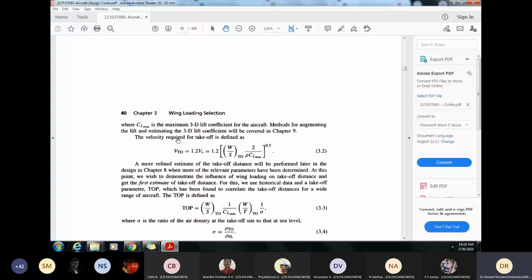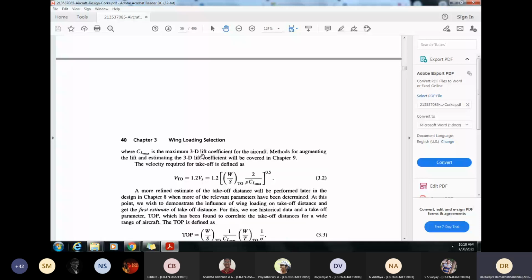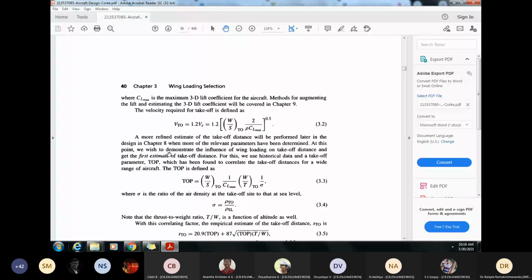So you substitute this velocity for V takeoff, and you get something involving wing loading. Right now we look at very approximate estimates. You will calculate the takeoff distance more accurately later. It may sometimes be significantly different from what you assumed here, but you don't have to worry about it now.